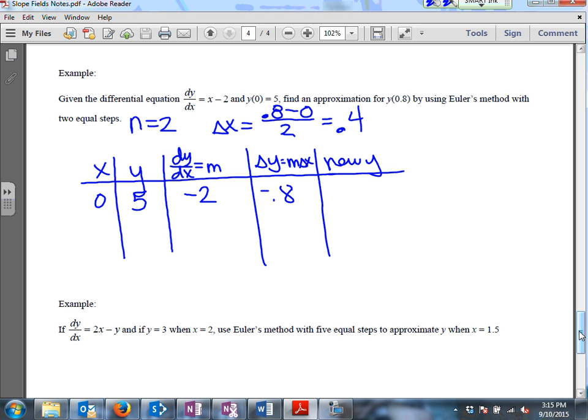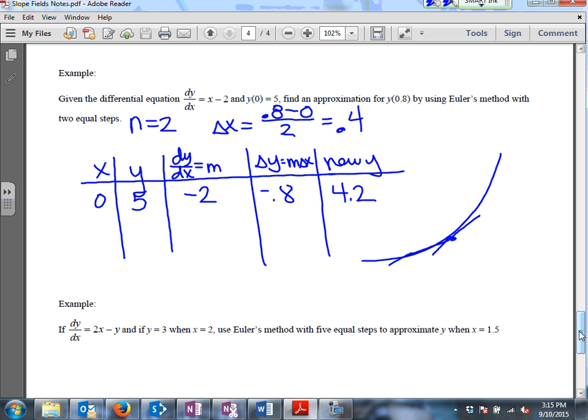Okay. So if we begin at 0, 5, and we've now had a change in y of -0.8, our new y value is what along our tangent line? So I don't know what this looks like, but we walked out on our tangent line, let's say to here. Instead of continuing to walk, we are going to find a new tangent line that fits a little closer, it's probably not right on the curve, but it's fitting a little closer, okay?